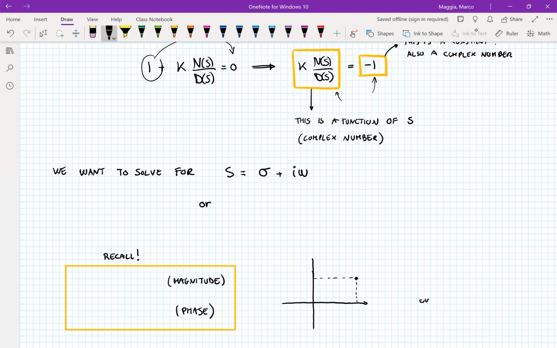So although the function k times n over d has to be real, the values for which this happens, that is the poles, might in general be complex conjugates. So s has a real part and an imaginary part. And so when we write it as sigma plus i omega, this is the Cartesian representation of a complex number. So the two unknowns that we want to find are sigma and omega.